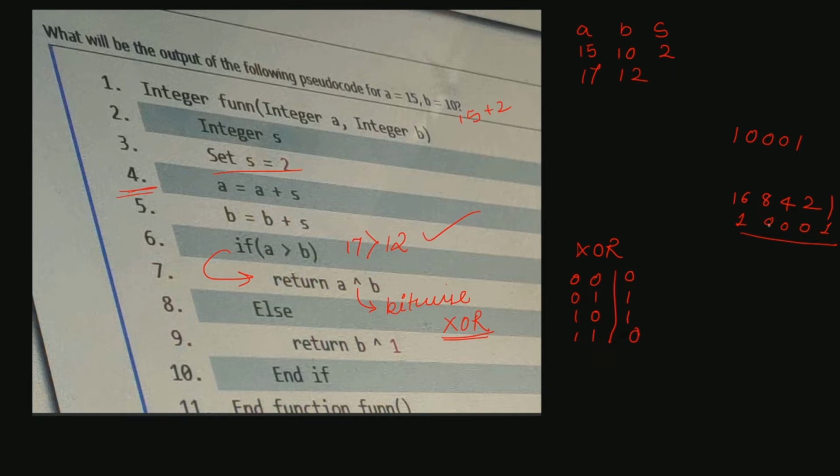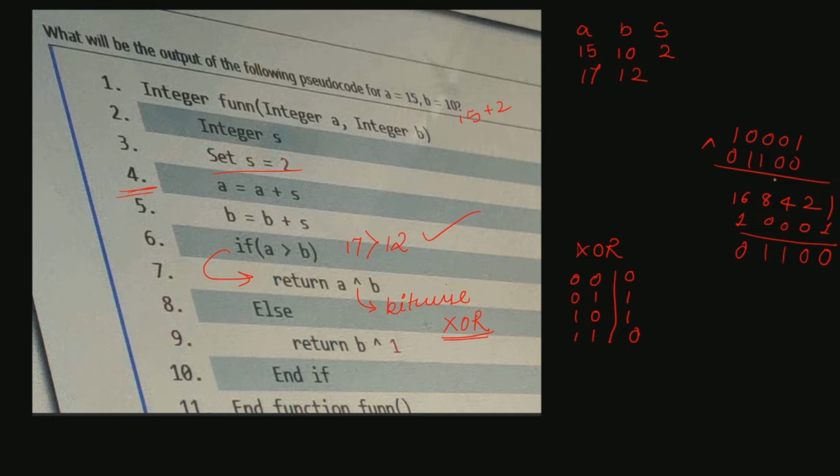Now 17 XOR B. B is 12. So again, 12 is written as, for example, 8 plus 4 is 12. So 0, 1, 1, 0, 0. So this is 12. So we have to do the XOR here. Now from the table you can see that whenever there are similar, same digits, then the answer will be 0, otherwise 1.